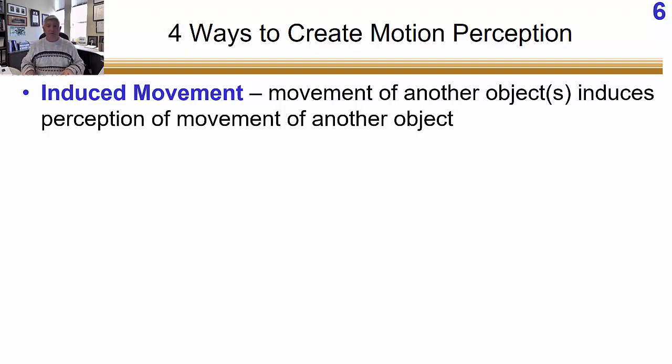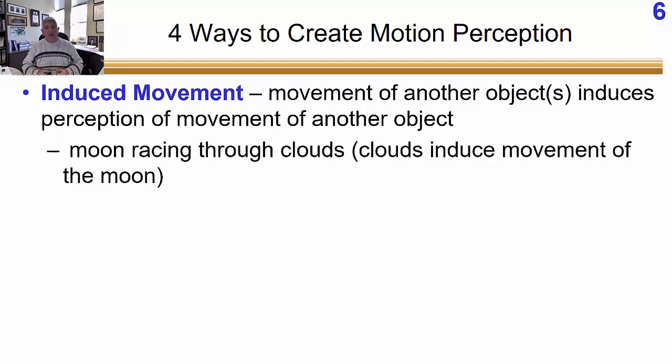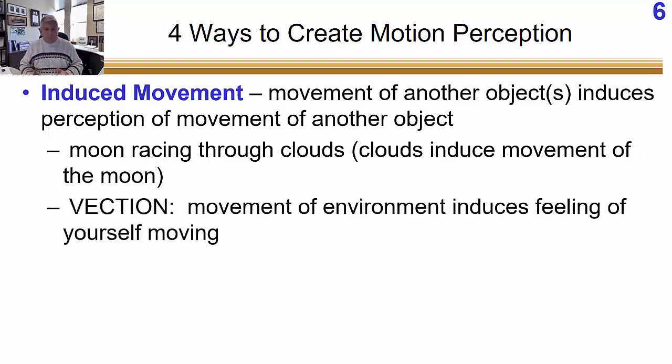You're just being tilted one direction or another. That's an example of induced movement where you feel like you're moving through the environment, even though it's the environment moving around you, right? The moon appearing to race through clouds, where the clouds are actually inducing the movement of the moon. The moon's really not moving that fast across the sky. It's the clouds that are producing that.